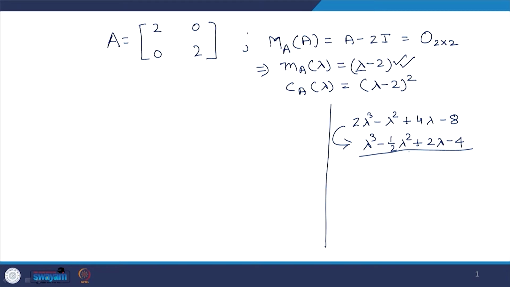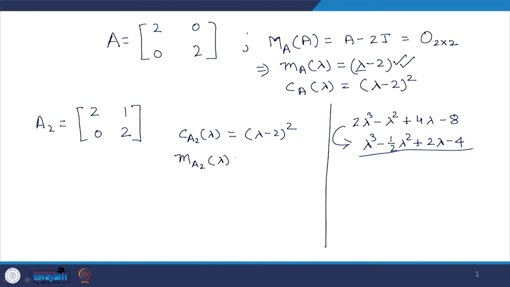So if you take another example, let us say I take another matrix A2, which is 2 1 0 2. Again the characteristic polynomial of this matrix is lambda minus 2 whole square, and the minimal polynomial of this matrix is again the same as the characteristic polynomial, that is lambda minus 2 square.